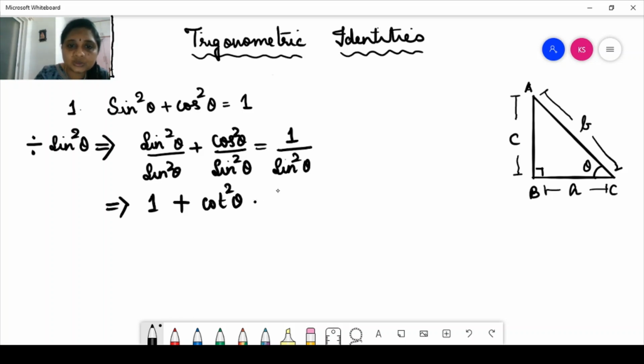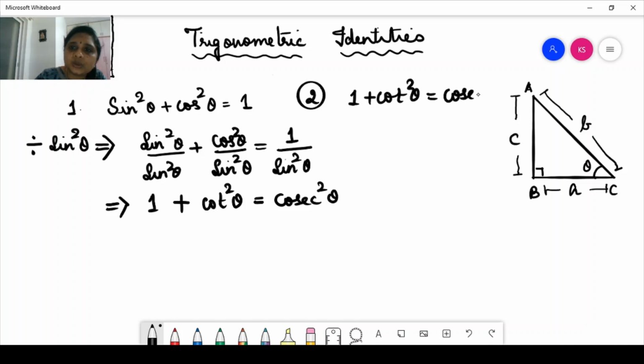Okay, this is equal to 1 by sine square theta. 1 by sine square theta is the reciprocal of sine square theta. That is nothing but cosecant square theta. So this is our next identity that says 1 plus cot square theta is equal to cosecant square theta. Okay, let's put it here.